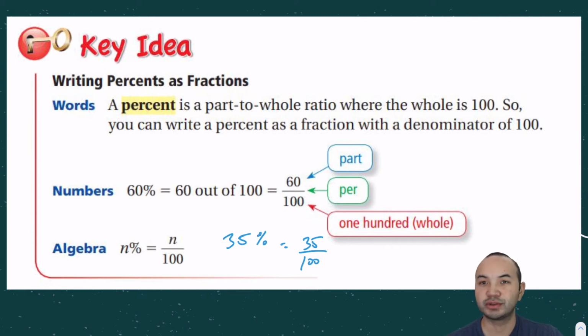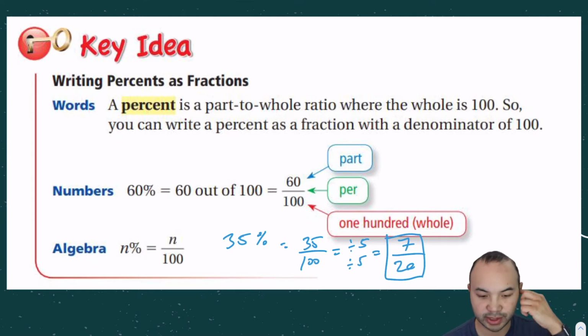And then if you want to change that to a simplified fraction, you simplify as much as you can. In this case, you can divide the top and bottom by 5, right? And then you get 7 out of 20. So 7 out of 20 is the same as 35%.